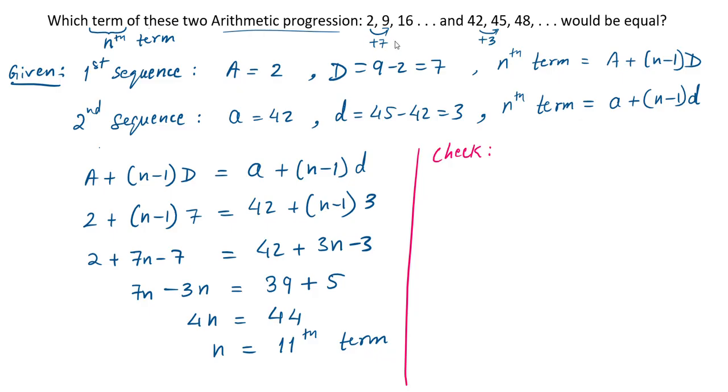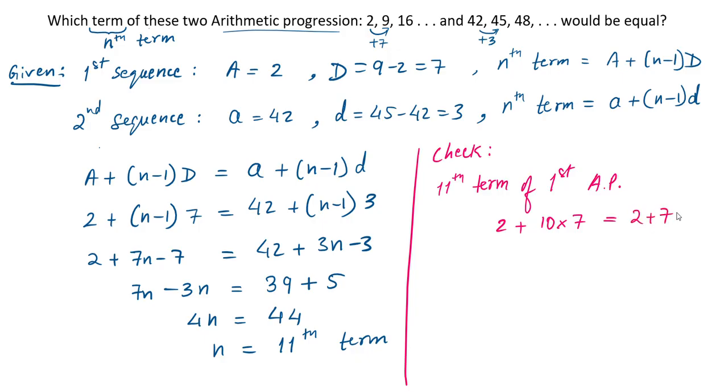I'm going to check which value represents the 11th term of both sequences. The 11th term of the first arithmetic progression is going to be 2 plus (11 minus 1), that's 10, times d, which is 7.